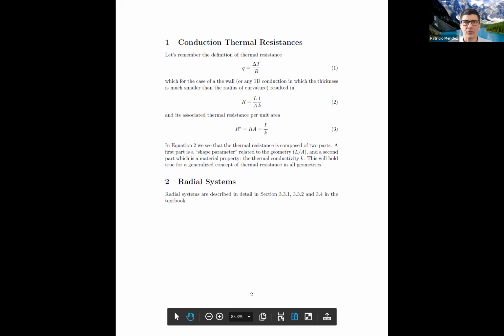I'm not going to do this integration now, but please look it up in the book, and we can discuss in office hours if you find it challenging. Essentially, you integrate it twice the same way we did with the plane wall, and it is all step by step in the book.